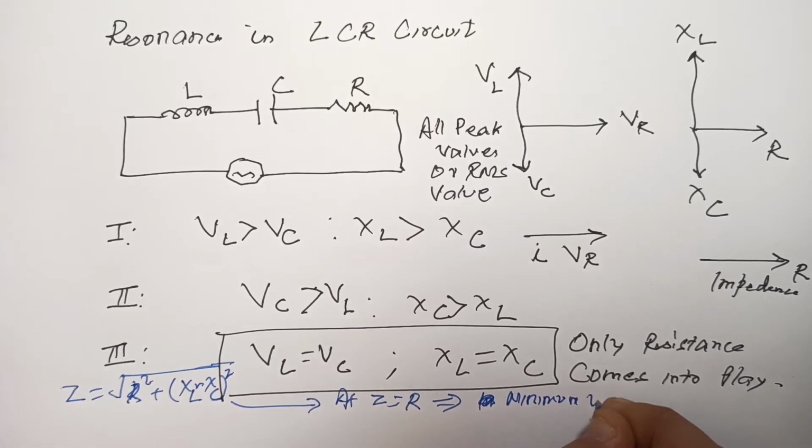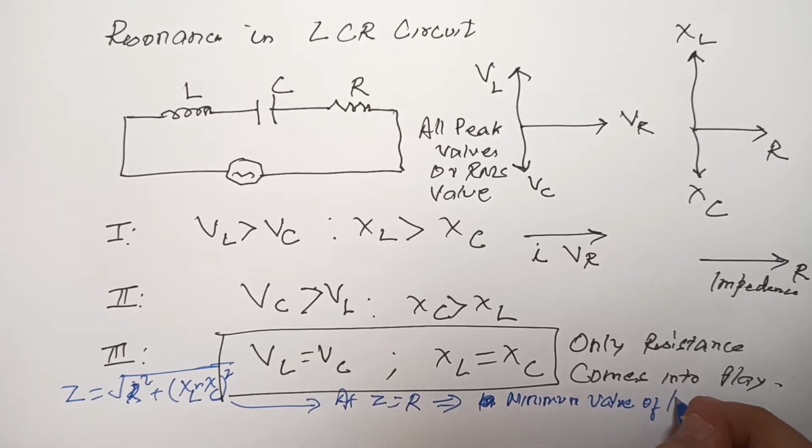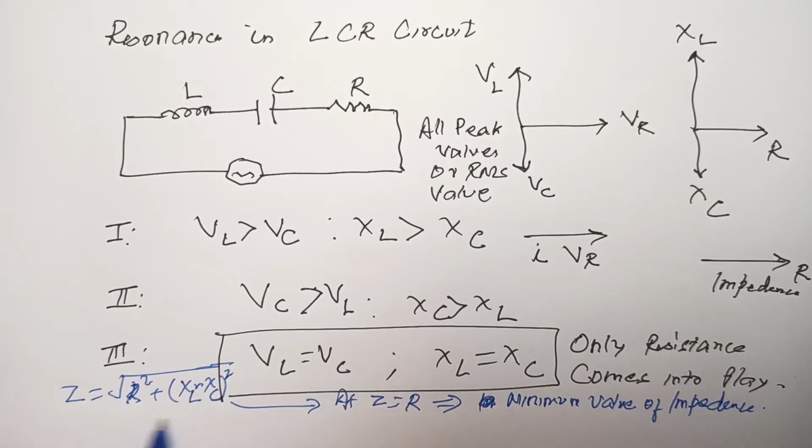By this formula we can say that the minimum value would be when this is 0, correct? That is XL is equal to XC. So this is the minimum value of impedance.